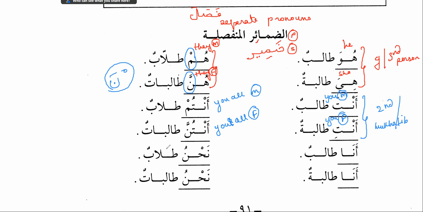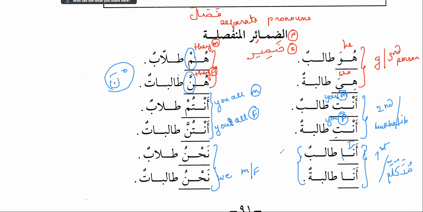Okay, now we have four of them, and now we have two of them in first person. That's mutakallim. Mutakallim means for yourself. So it's ana means I, and there is no differentiation for male and female here. And nahnu means we, for both male and female.